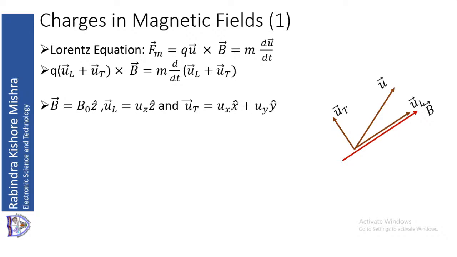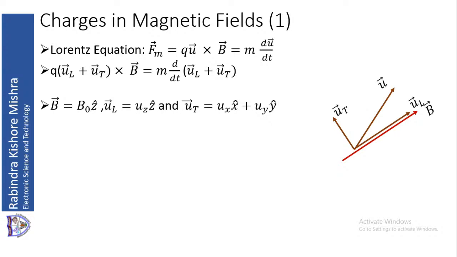In the special condition, the magnetic field B is oriented along the z axis. So B is equal to B0 z cap, where B0 is the magnitude and z cap gives the direction. Now, the moment the magnetic field is along the z axis, ul will also be along the z axis.